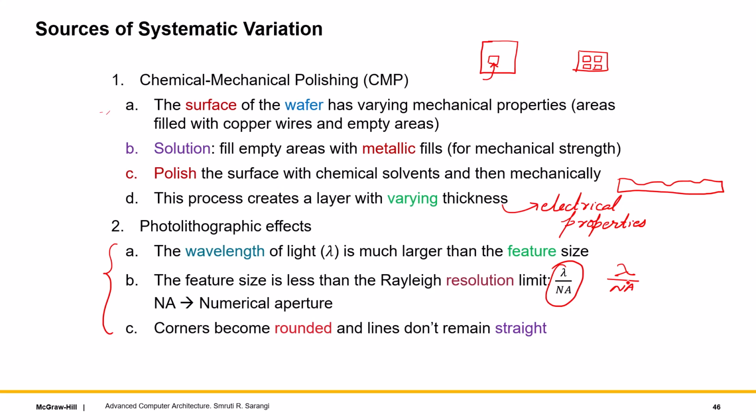But pretty much when we go below the Rayleigh resolution limit, we'll not be able to fabricate our structures accurately. Corners will get rounded, lines will not remain straight. The wave nature of light will become apparent, right? So these photolithographic effects, primarily because of the wave nature of light, are systematic in character. There is a spatial correlation. Hence, this is the second source of systematic variation, both this as well as this.